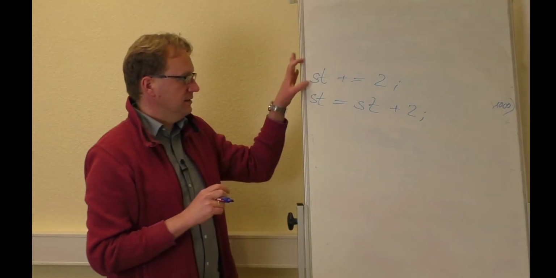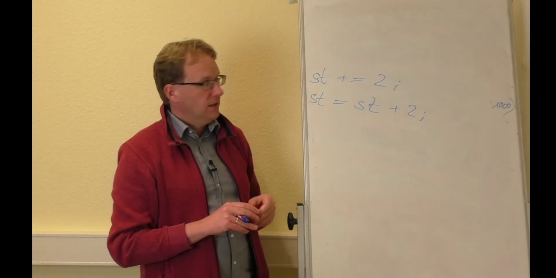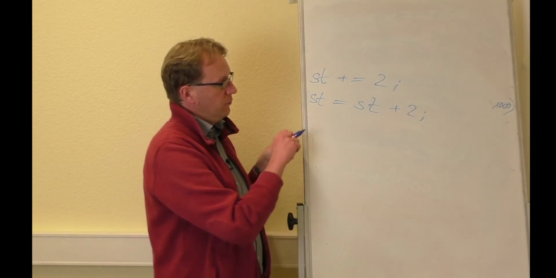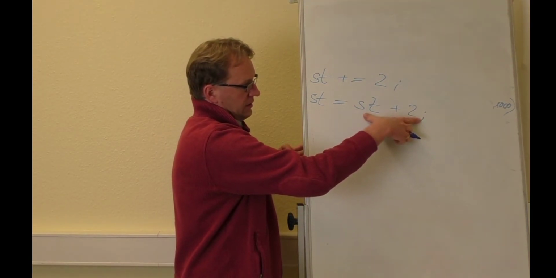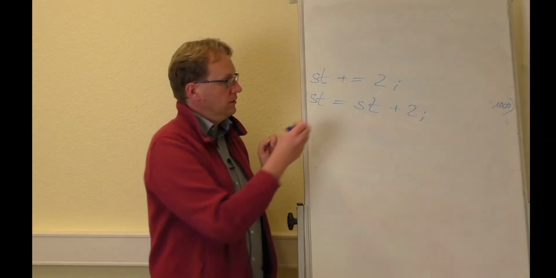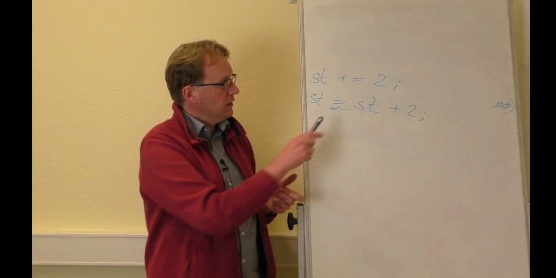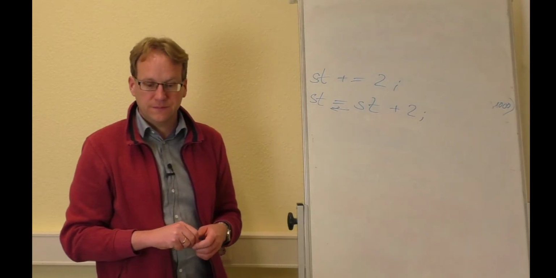Meaning st is incremented by an amount of 2. That is shorthand for that. So we read the value from st, we add 2 to it, and the result is assigned to the variable st. So this is, of course, an assignment. This equals symbol in Java represents the assignment operator.